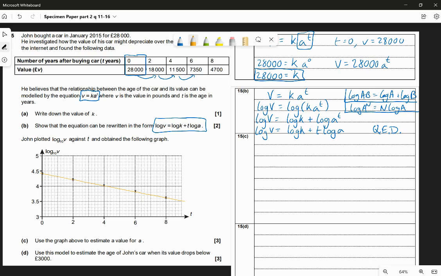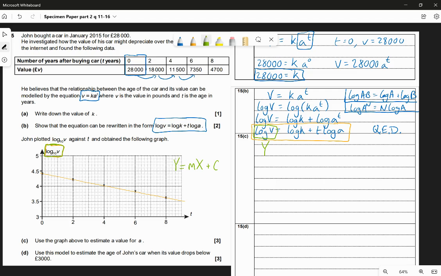Now, we are going to have a closer look at this equation, log V equals log K plus T log A. If this is our y-axis, log V, then I'm replacing y with log V. We've got a linear graph, and with linear graphs, you've probably known y equals mx plus c, where m is the gradient and c is the y-intercept.